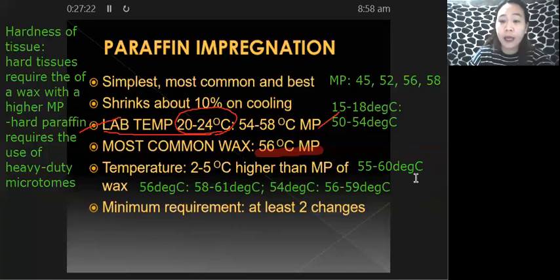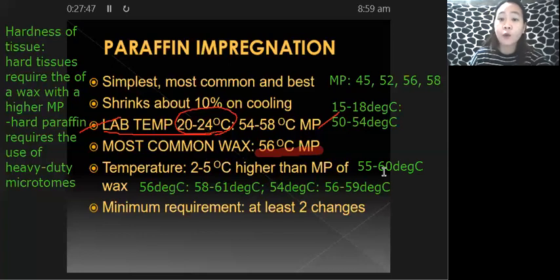So in short, in the exam or in the quiz, you look for two values for the temperature requirements. It could be 2 to 5 degrees Celsius higher than the melting point of the wax, or 55 to 60 degrees Celsius. If it is a general question, which one is a better answer?